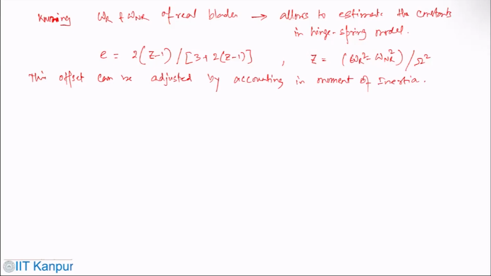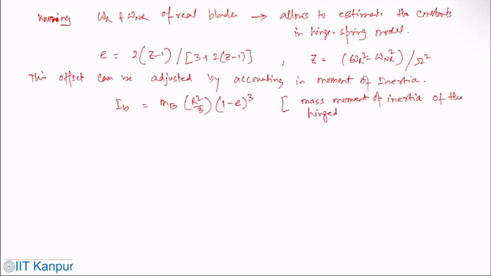So the mass moment of inertia now will have IB equals to mb R square by 3 into 1 minus e whole cube. So this is the mass moment of inertia of the hinged blade.